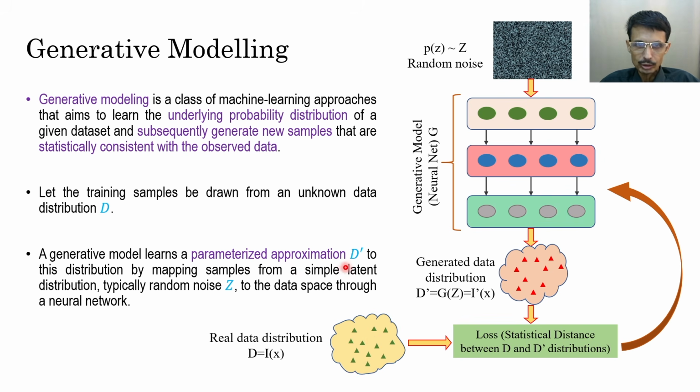So parameterized approximation is given to this distribution by mapping samples from a simple latent distribution, typically random noise Z, to a data space with a neural network. So this is the basic idea of generative modeling.